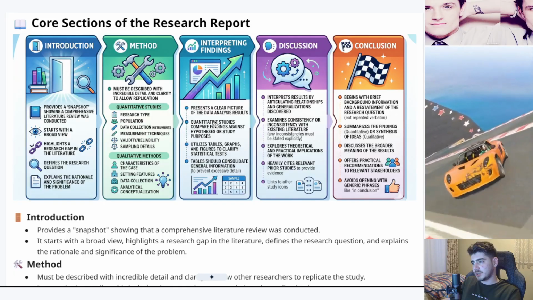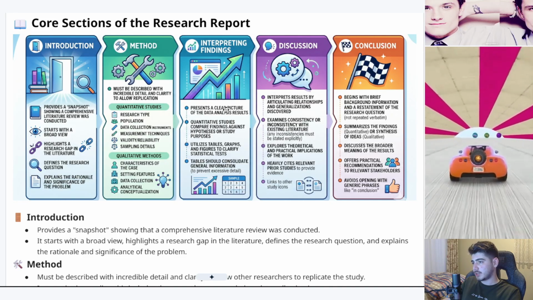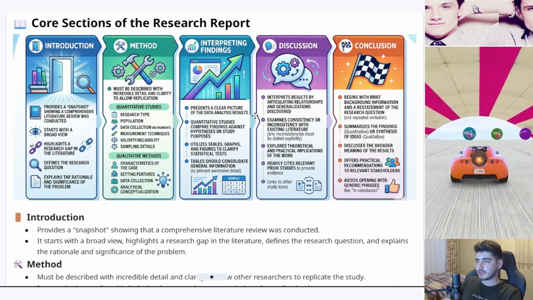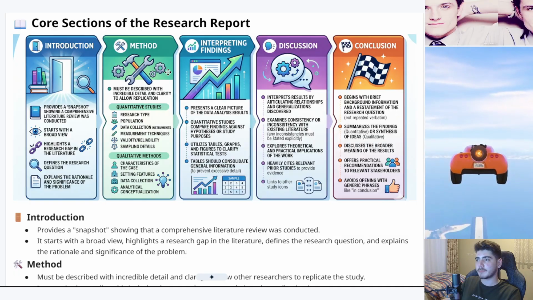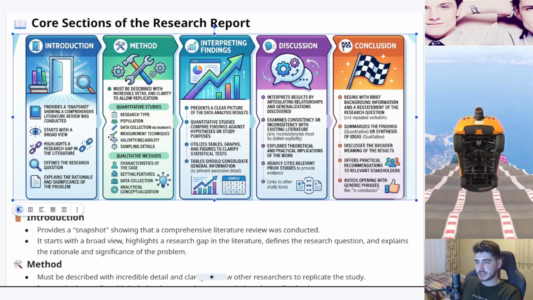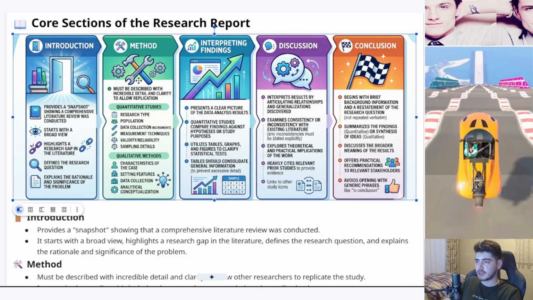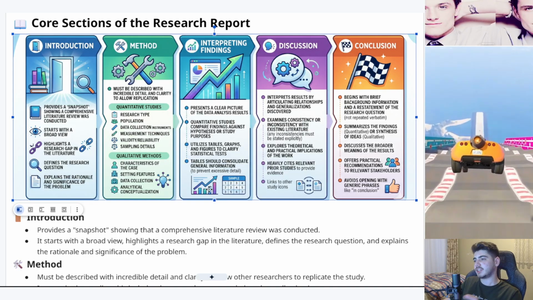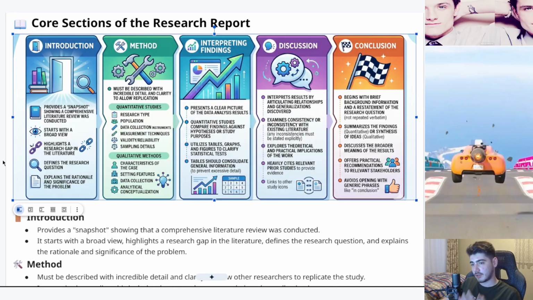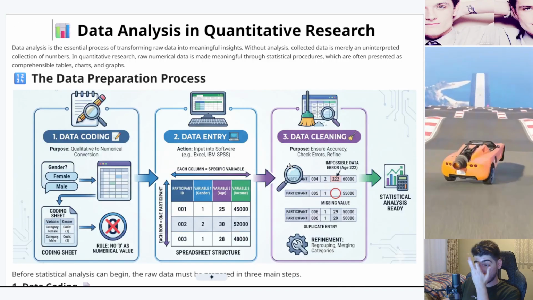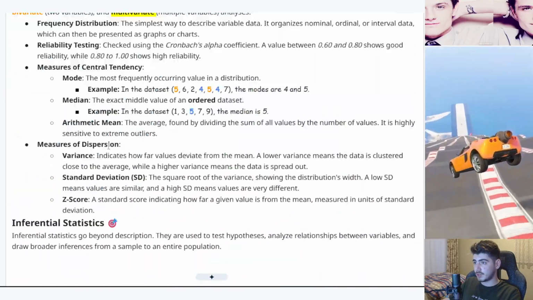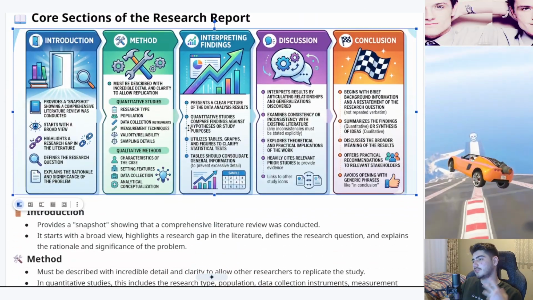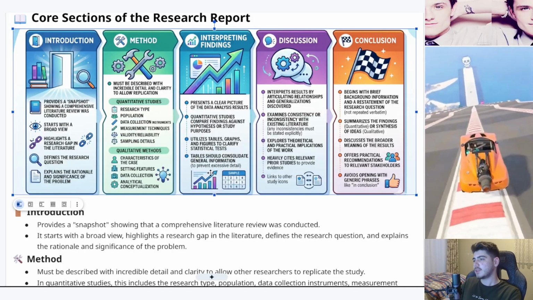For the interpretation phase, we get presented with a clear picture of the data analysis results. Now here is actually the data collection stage, but here is the analysis stage. The things that we learned about in the past weeks. You see, all of these stuff. We did all of these, and then we are here now.